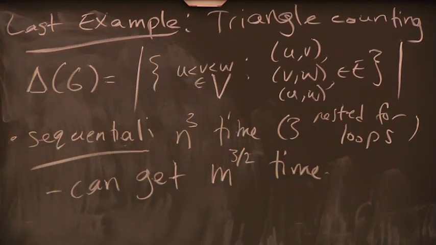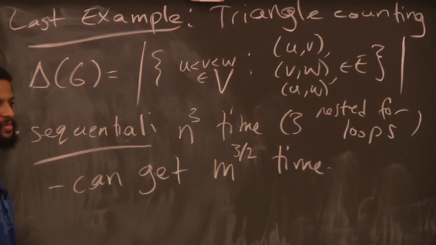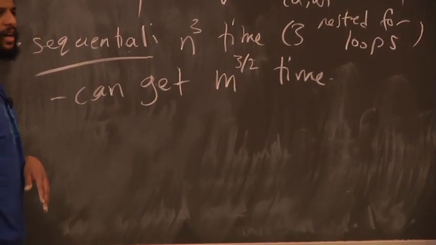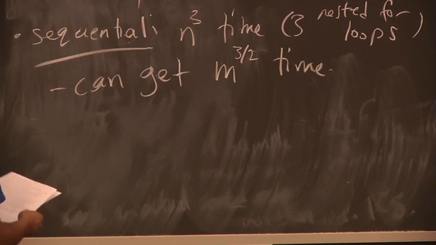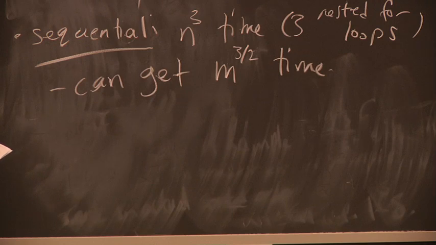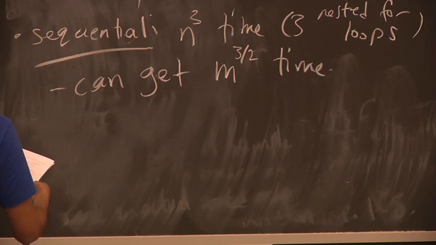I'll show you that right now. And the MapReduce algorithm I'm going to show you is basically an implementation of that in MapReduce. It's going to use something like root m different reduce keys, and the memory per machine is also going to be very small.